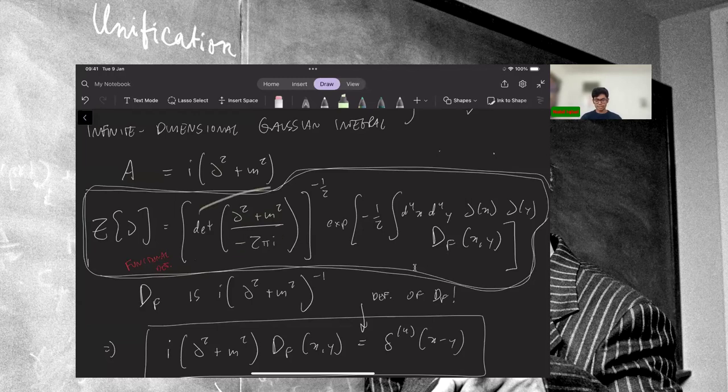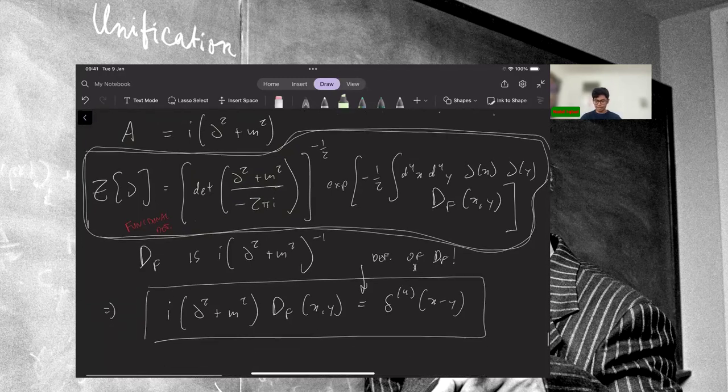So this quantity here is actually extremely infinite, and that's okay. We'll just live our life without it. You'll see it will not be a big deal. And D_F is defined in this way. So now we're going to calculate D_F and see that it is the Feynman propagator that we know and love. Are there any questions about this before I go on to finish the calculation?